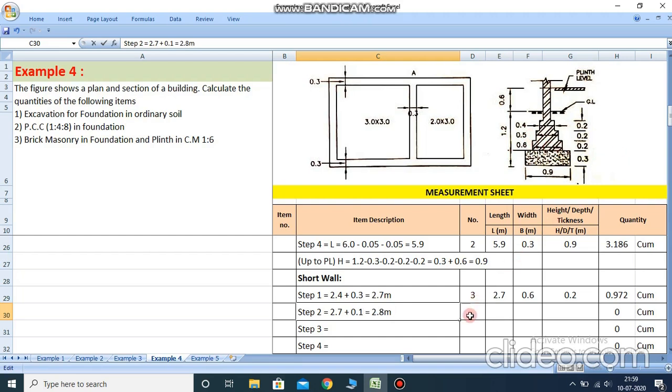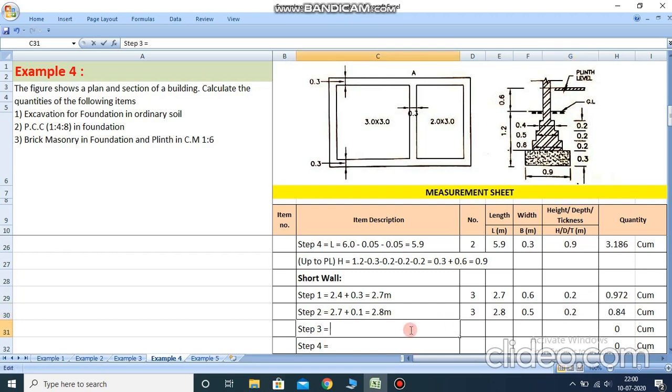So here the total number of short walls is 3. Then after 2.8, then 0.5 we put from the figure, and then thickness we put from the figure, 0.2. So total quantity is 0.84 cubic meter.